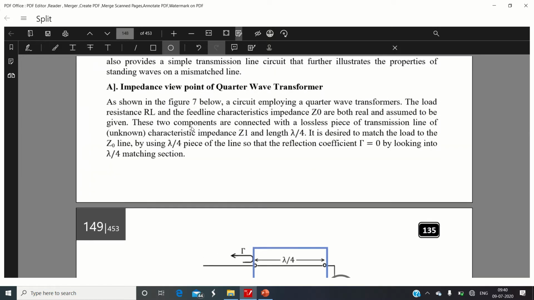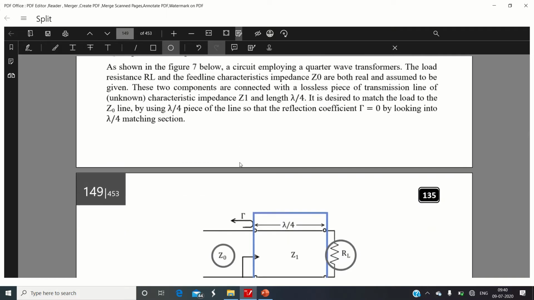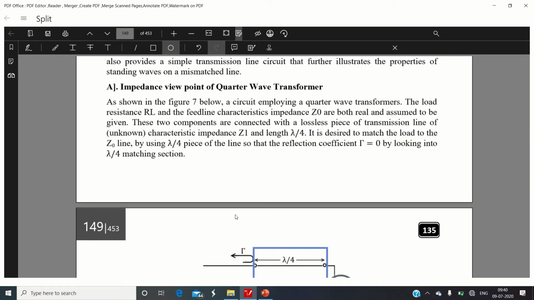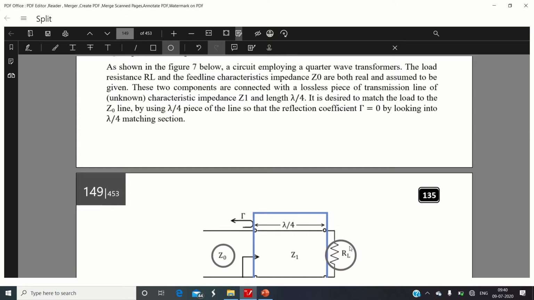As shown in the figure, the following circuit indicates the quarter wave transformer. The load resistance is indicated with RL, and the feed line or transmission line characteristic impedance is Z0. Please remember that the load impedance RL has to be real, and Z0 is also a real value.